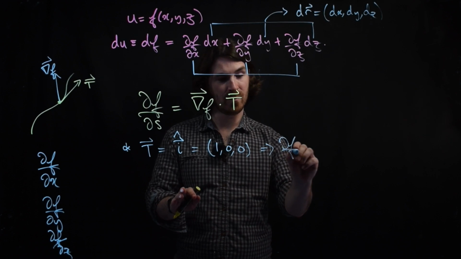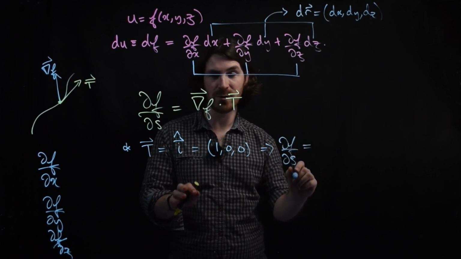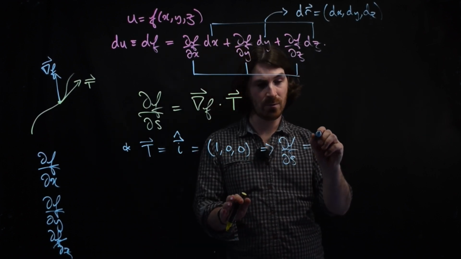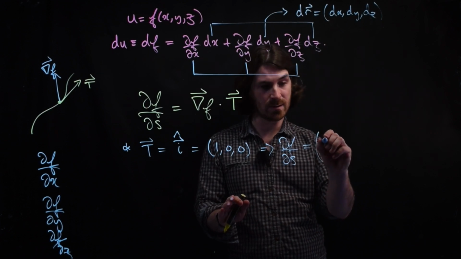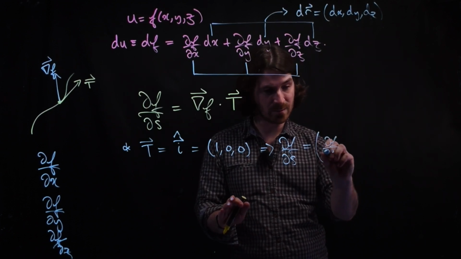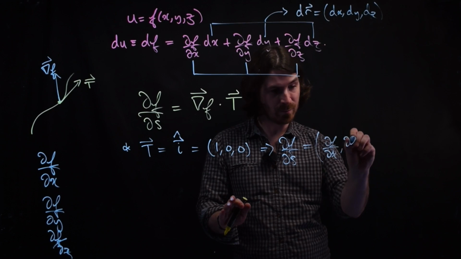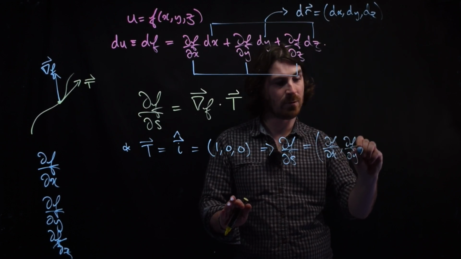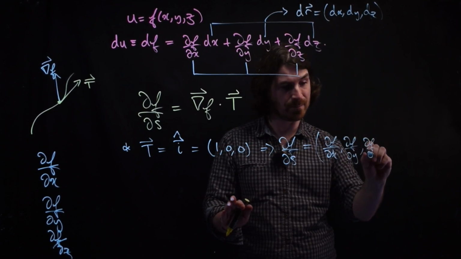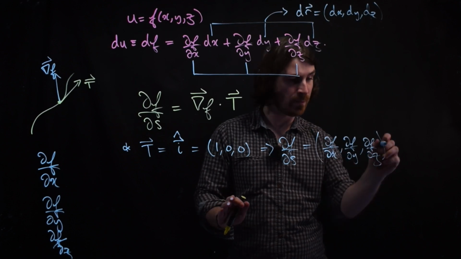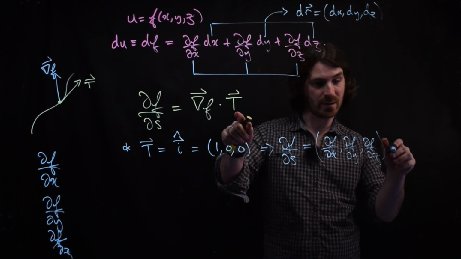Df by ds is equal to the gradient of f. What's the gradient of f? It's df by dx, df by dy, df by dz, dotted with the tangent vector.